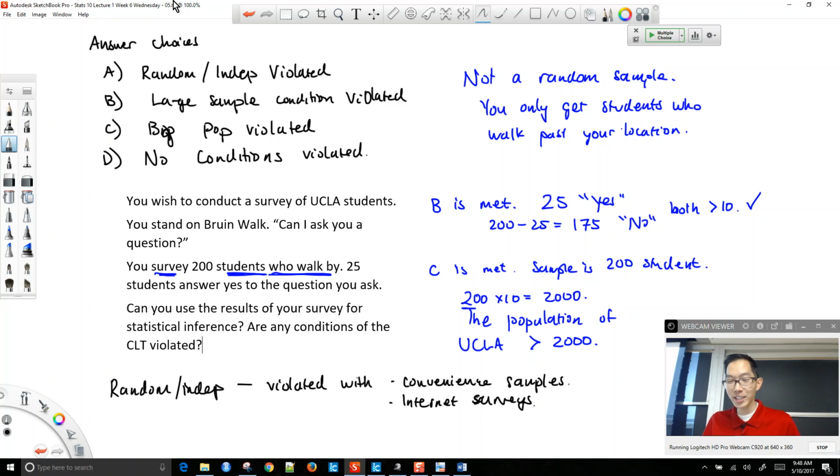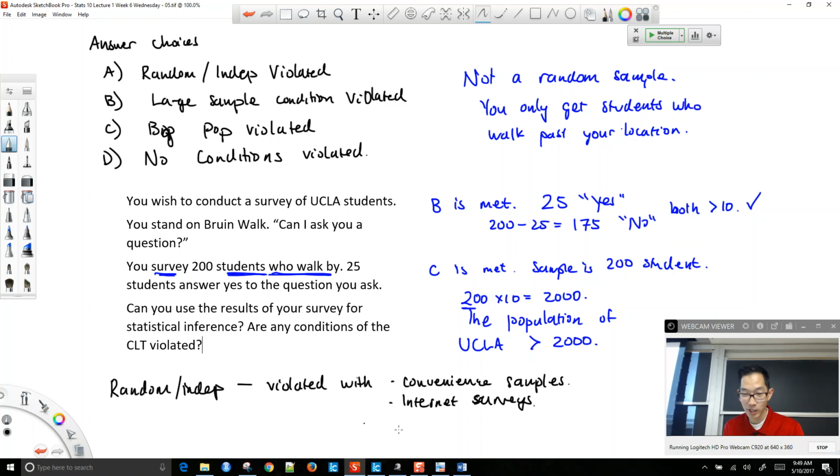No. Go away. Internet surveys will not be random samples. And even if you manage to send surveys to a random group, if only a certain number of people respond, if you don't get a 100% response rate, then that's also not a random sample.